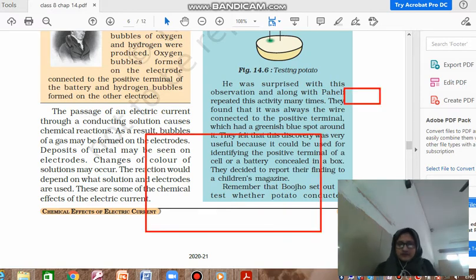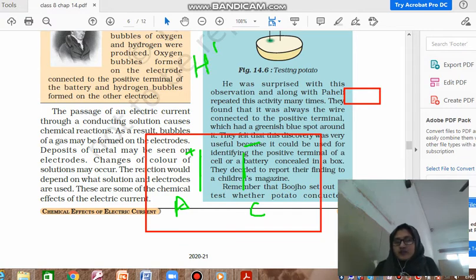Okay, so what they are saying is, there are two electrodes, one positive and the other negative. As I have told you, the positive one is known as the anode and the negative one is known as the cathode. Then there are two types of ions also. Metals have some charge. Suppose it is hydrogen.